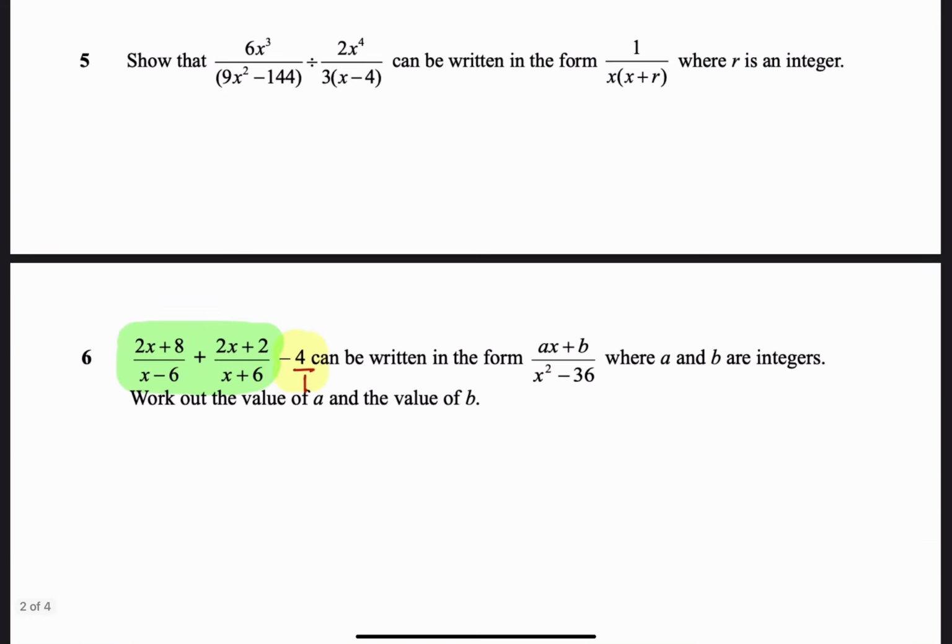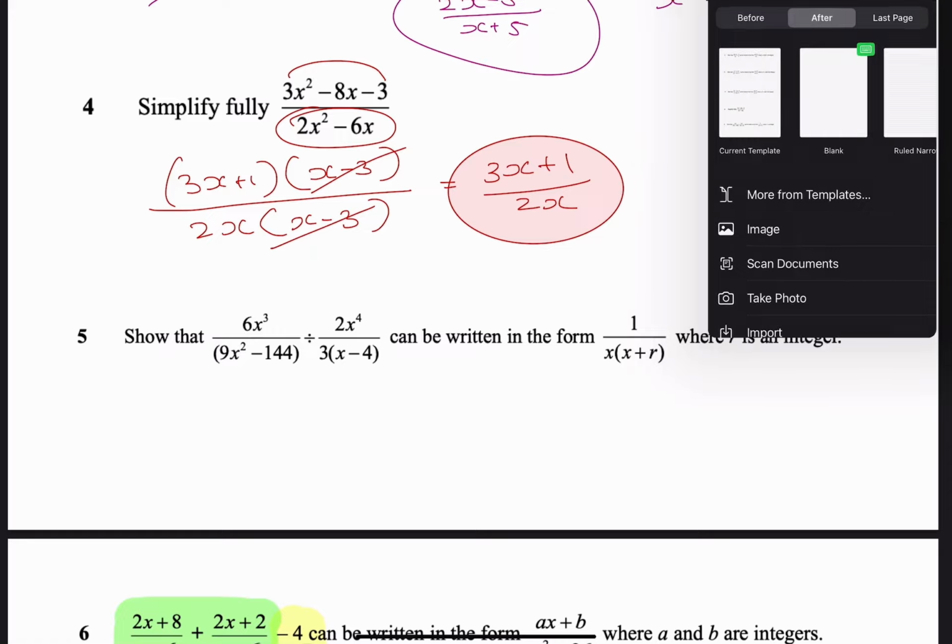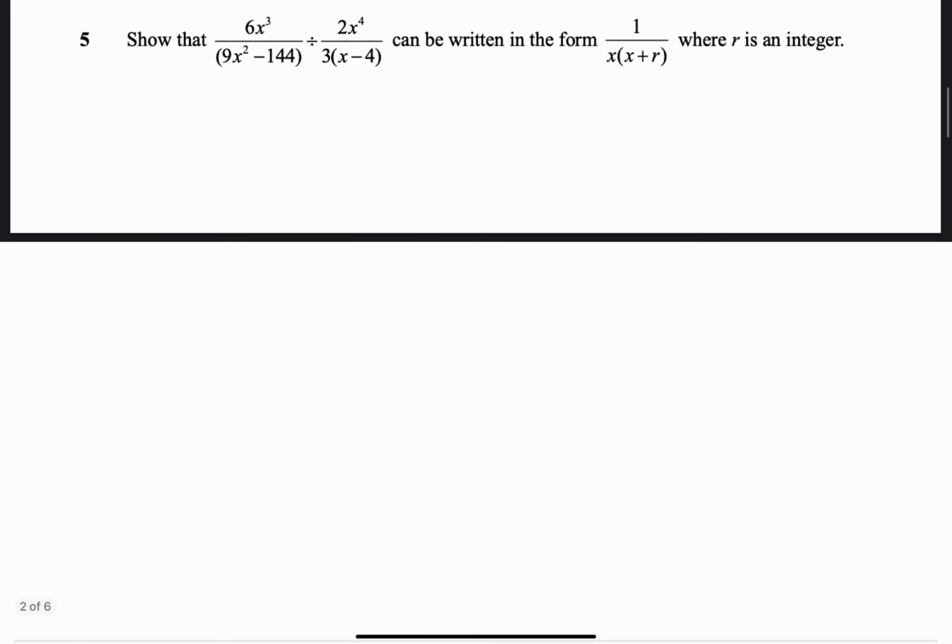If you look at this one, 6x cubed over, this is a difference of squares. What is the difference of squares? 9x squared means 3x, minus 144 means 3x minus 12. Oh, you know what?